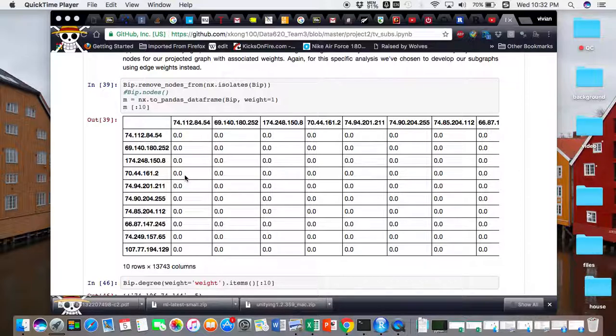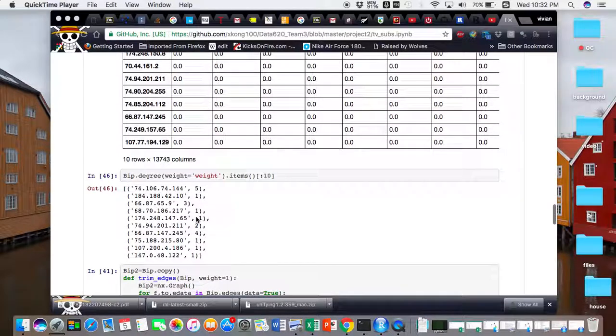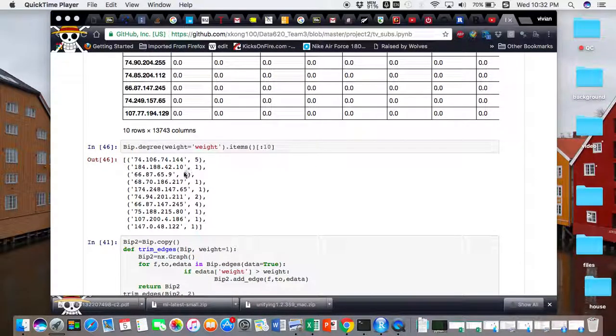Later on, we're going to use this information to find our sub-network from our huge network, so we'll reduce it. Here are some examples for degrees: 5, 1, 3. All of these numbers mean they share the account number with different IP addresses.